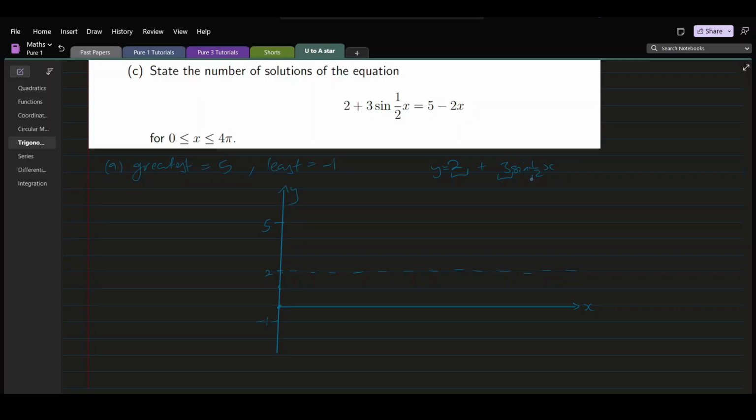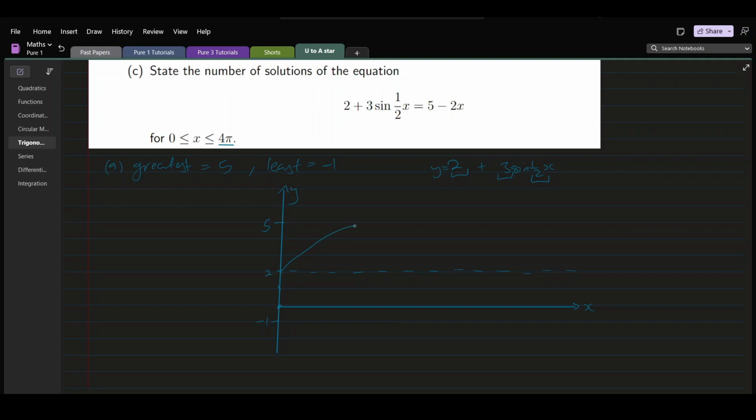Then finally, this half over here shows us that from 0 to 2 pi, we only have half of a full cycle. But remember that we're required to sketch from 0 to 4 pi. So since we have half a period from 0 to 2 pi, it means we have a complete cycle from 0 to 4 pi. So now let's sketch our graph.